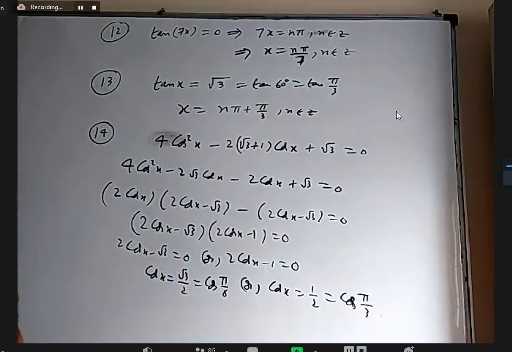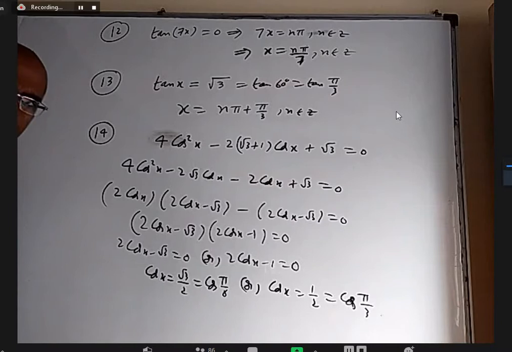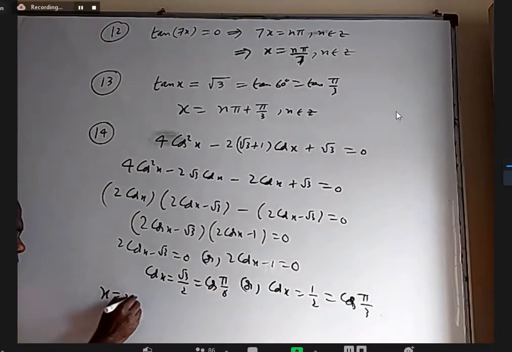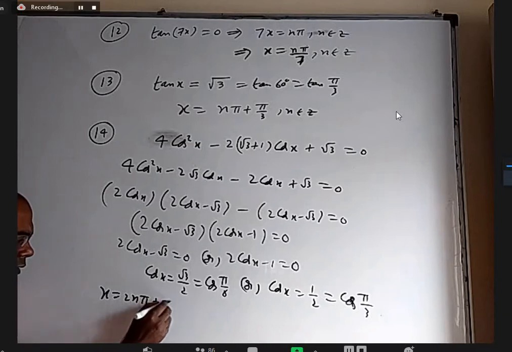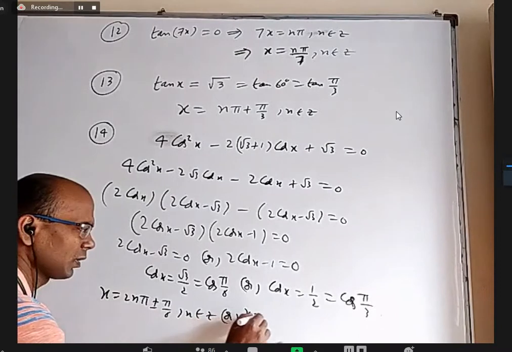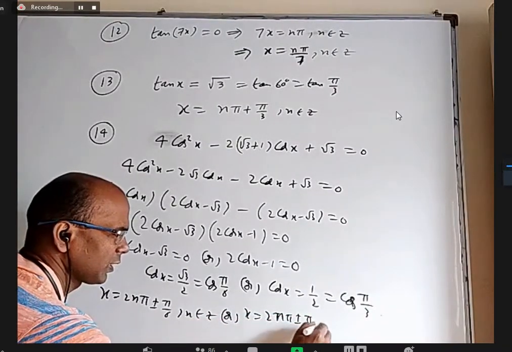Cos x equal to cos alpha. What is the general solution? 2n pi plus or minus alpha. So x equals 2n pi plus or minus pi by 6, n belongs to z, or x is equal to 2n pi plus or minus pi by 3, n belongs to z.